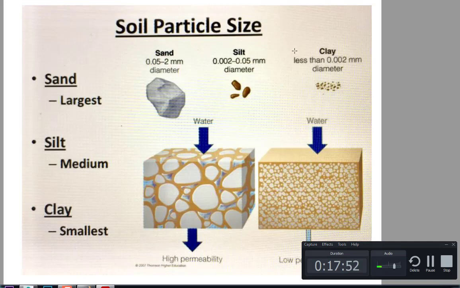If these particles are in good percentage, then if you drop water on the soil, this water can enter the soil through high permeability. But if you increase the silt and clay particles as compared to the sand, the water cannot enter the soil, so there is low permeability.